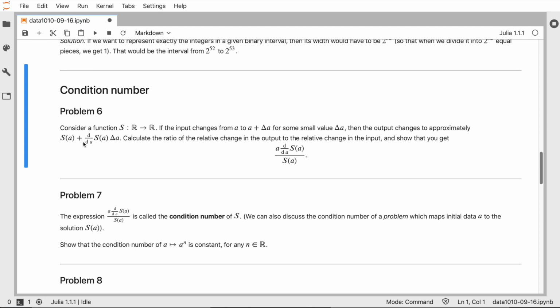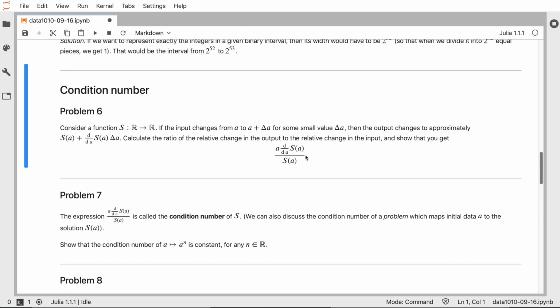So that's how derivatives are defined, as the quotient of the change in the function to the change in input. And unpacking that, you can say the change in the function is the derivative times the change in input. But if we're interested not in just how the function changes, but how it changes in relative terms, so if we make a particular relative change to the input and we want to see what the relative change to the output is, then we get a little bit different formula.